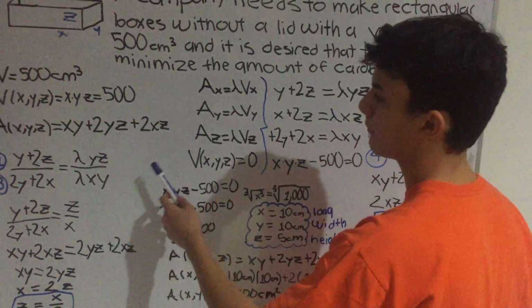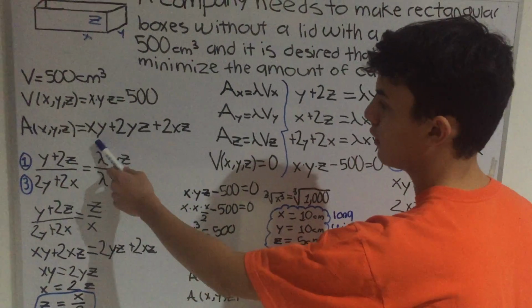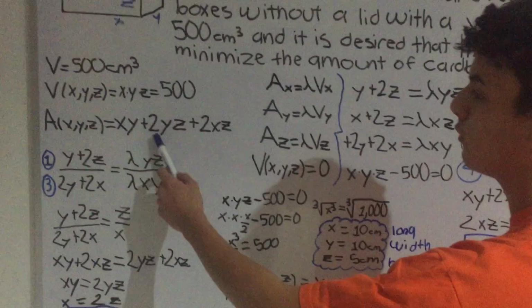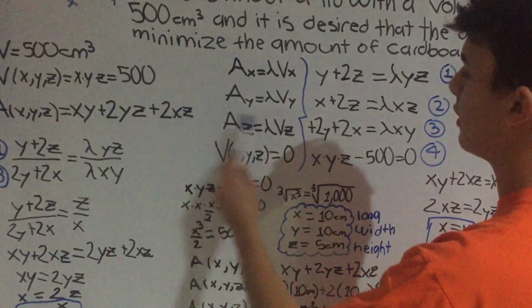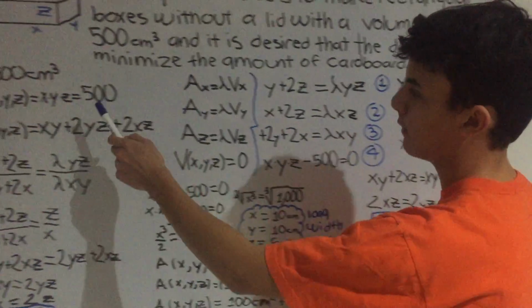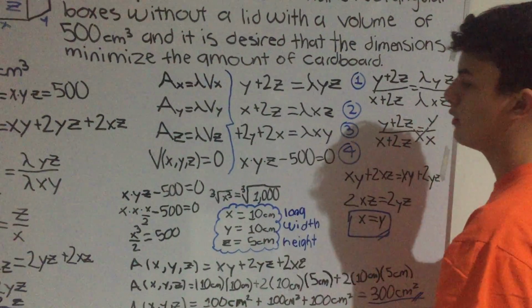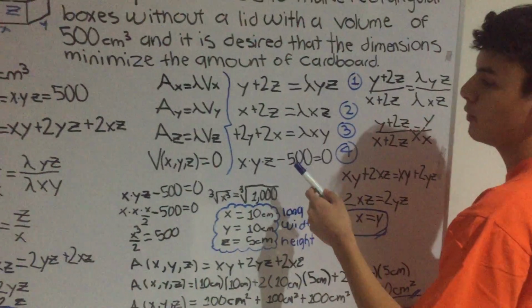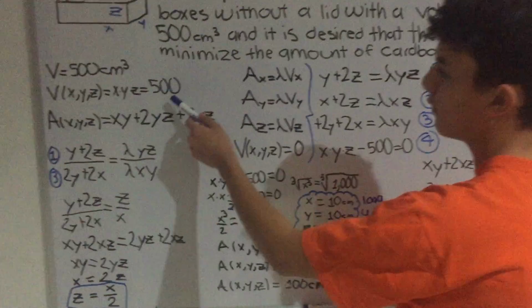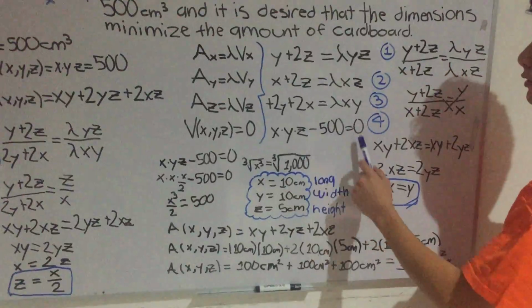And now for c, the partial derivative of the area with respect to c is 2y plus 2x, and this is equal to lambda times the partial derivative with respect to c, and this is xy times lambda. And to make the volume 0, we have to pass this 500 to the other side with a negative value, and this is going to be equal to 0.